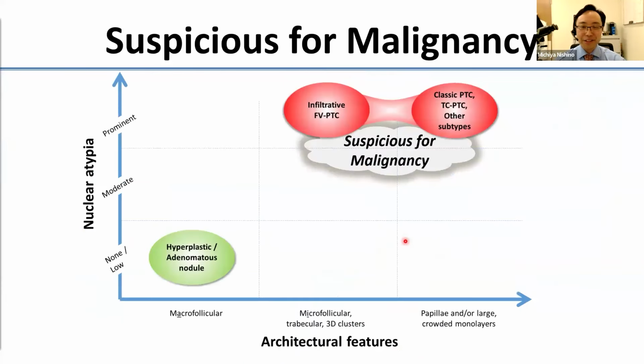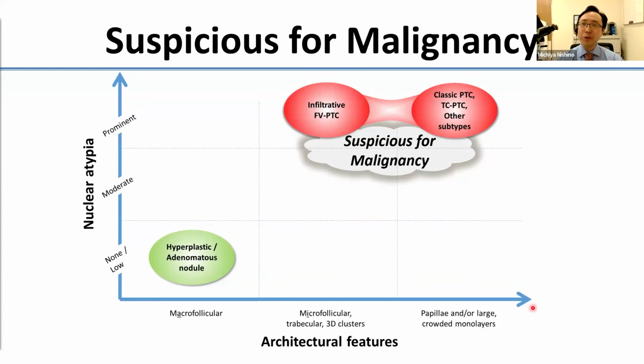So coming back to this idealized matrix, you can think of those few aspirates that we classify as suspicious for malignancy as occupying that region where the degree of nuclear atypia falls short of overt papillary carcinomas. And also keep in mind that obscuring factors like blood or preparation artifact can limit our ability to be definitive about calling an aspirate malignant.